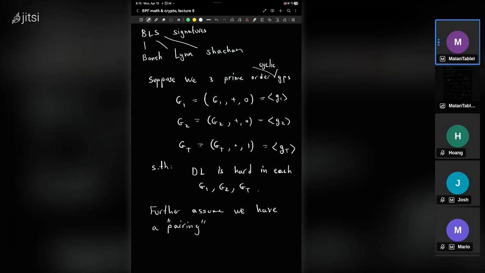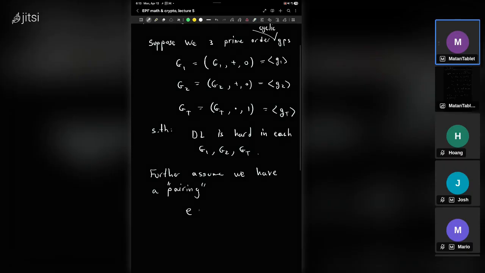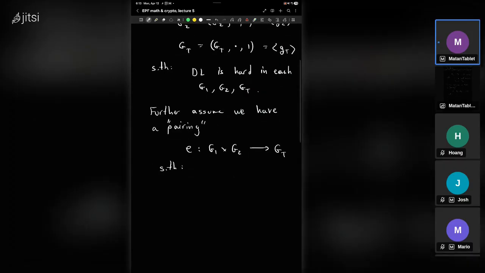A pairing is just a map e from G1 times G2 into GT, such that three properties hold. The first property is bilinearity.